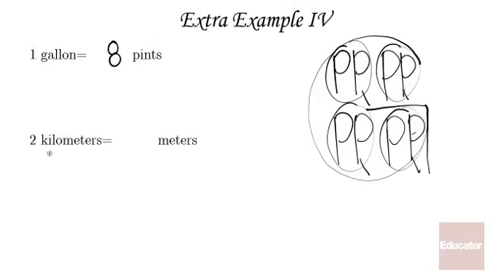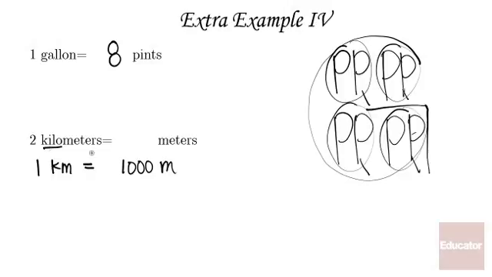Okay. Then, 2 kilometers equals how many meters? Remember, kilo means 1,000, in a big way, right? So I know there are going to be a lot more meters than kilometers, because kilometers are big. There have to be more meters to make up for the kilometer. So 1 kilometer equals 1,000 meters.